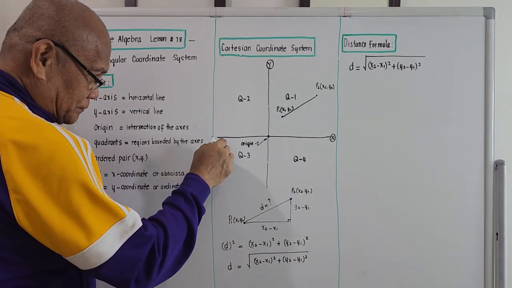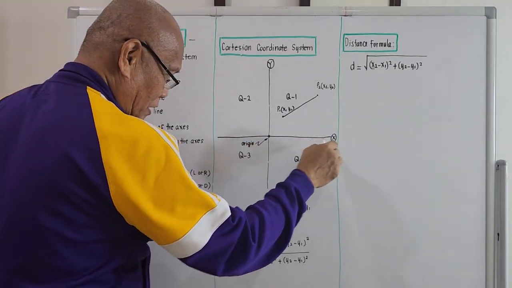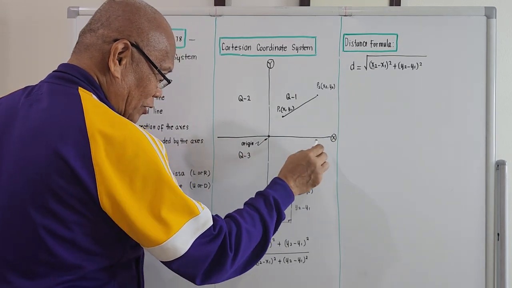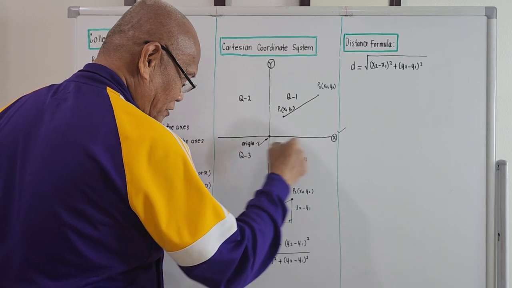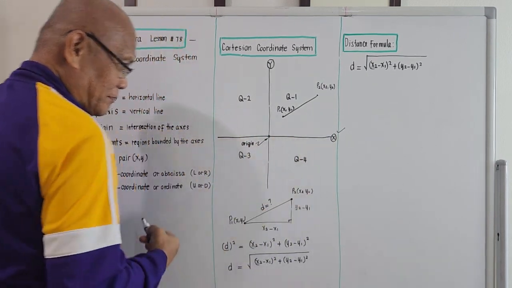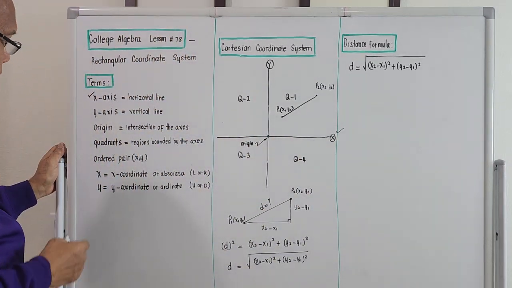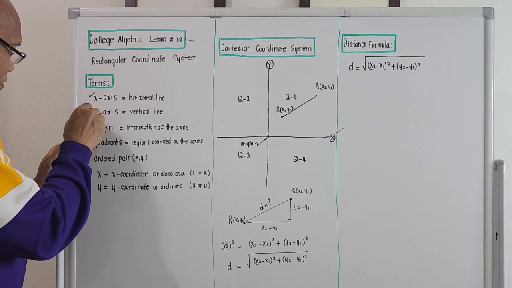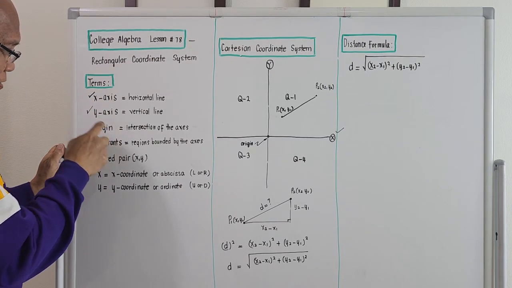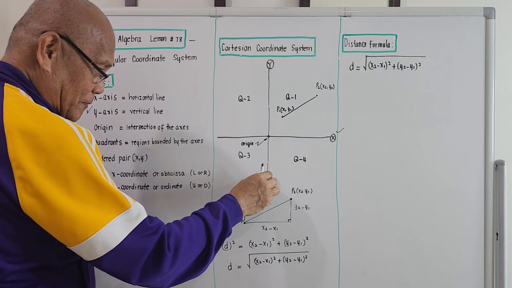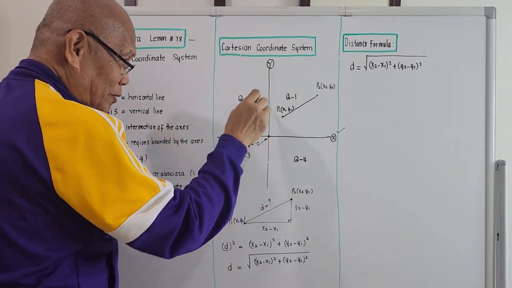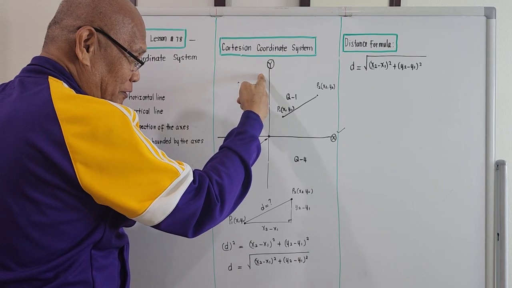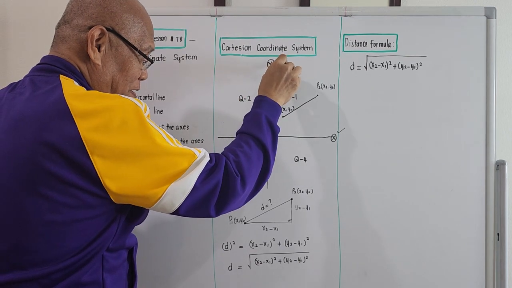The x-axis is this one, the horizontal line. That's why I mark this as x. So this is the x-axis. Okay. Y-axis. The y-axis is actually this line here. And I mark this one by capital letter Y, meaning it is the y-axis.